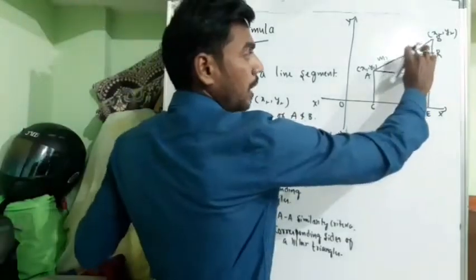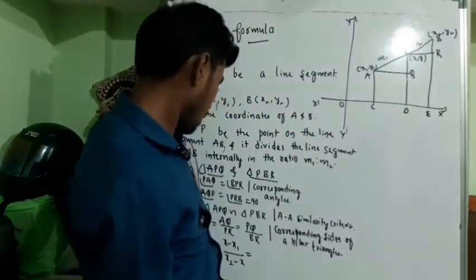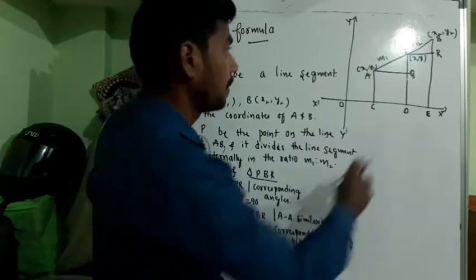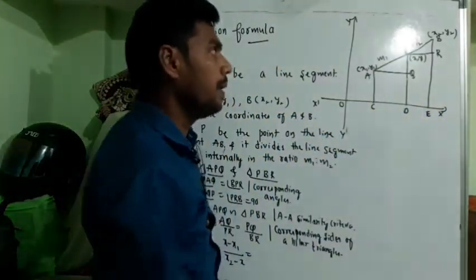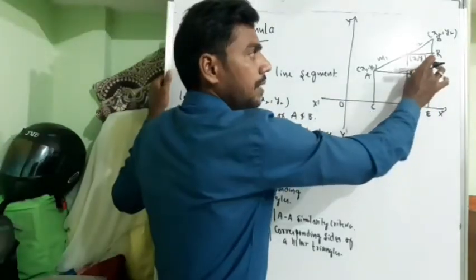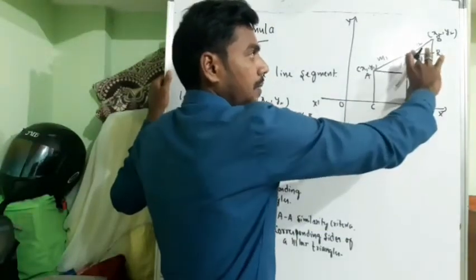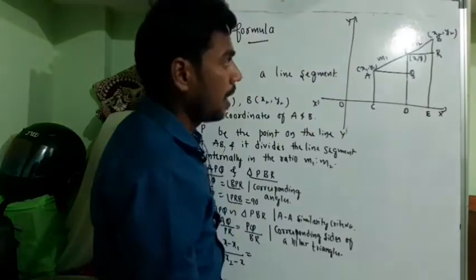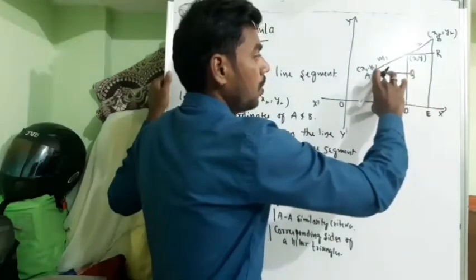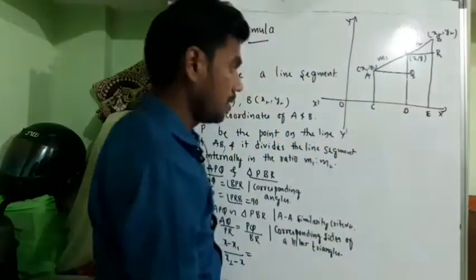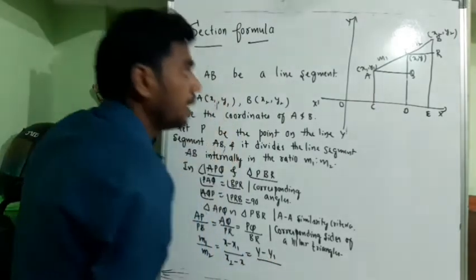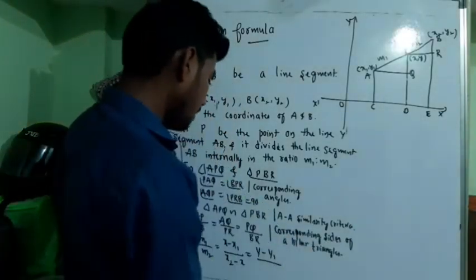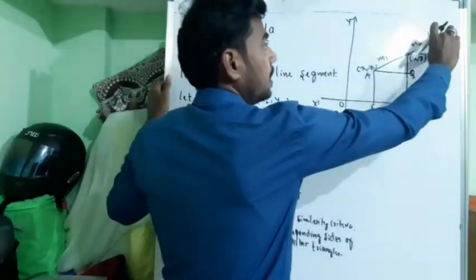Next, where is PQ? To get PQ, I need PD minus DQ. PD is equal to y, and DQ is equal to AC, which is equal to y1. So PQ is y minus y1. Next, BR.